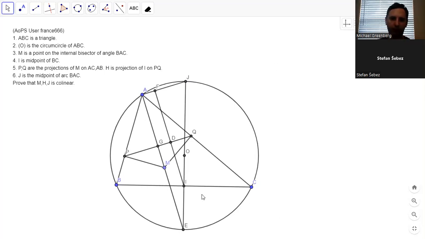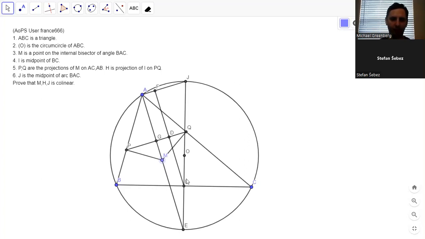When you move M, F doesn't change. Oh, good point. So we have FJ, and it doesn't move.